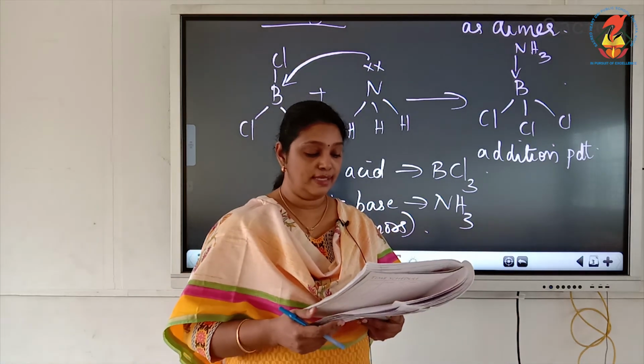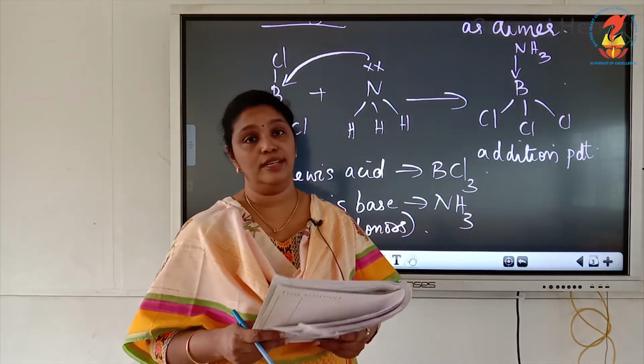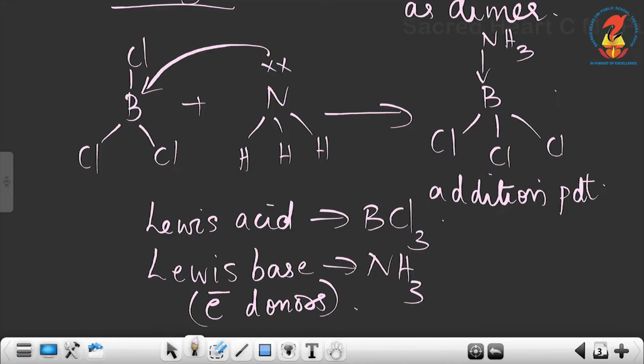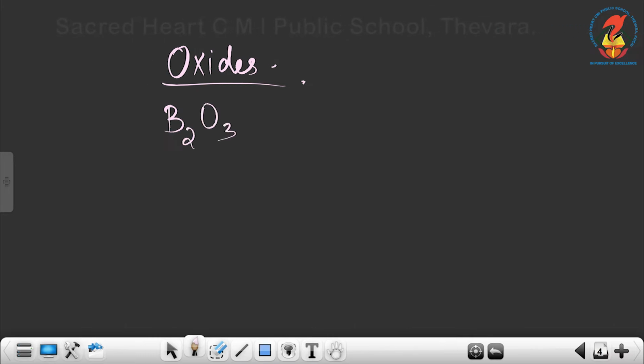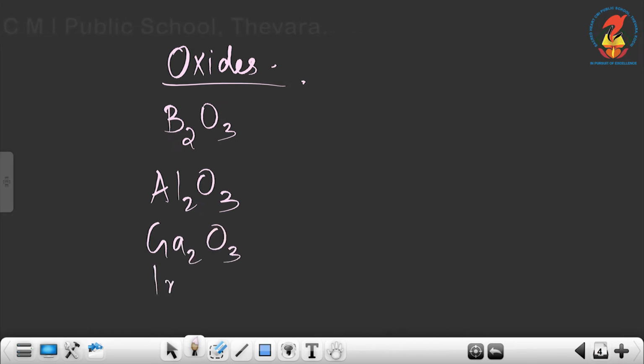Now next let us discuss the oxides of group 13 elements. They form oxides like B2O3, Al2O3, Ga2O3, In2O3 and Tl2O3.